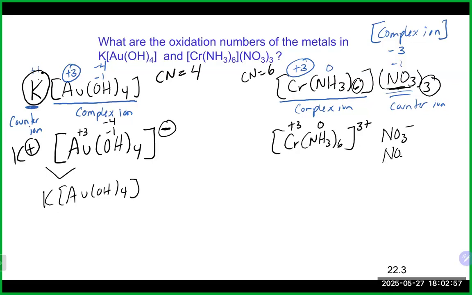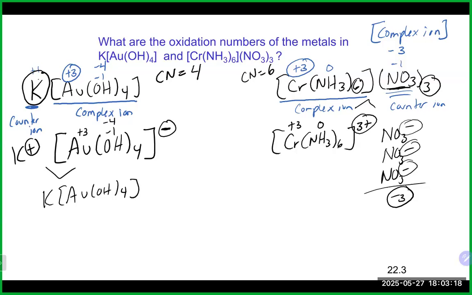That gets us something like this, which gives us a grand total of -1, -2, -3. That balances out the +3 over here, again, much like an ionic compound, equaling 0. And that gets us back to the formula that's above there.